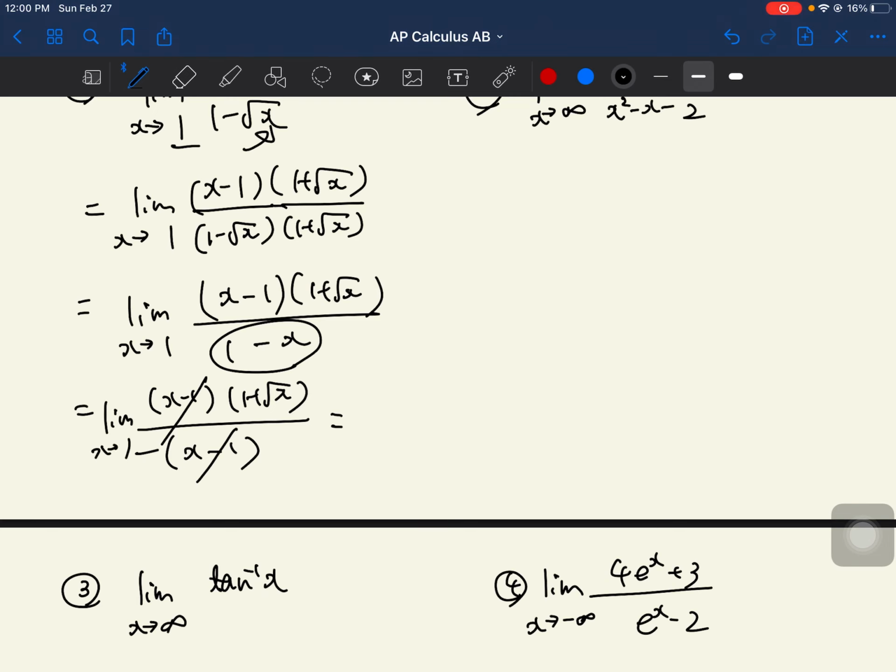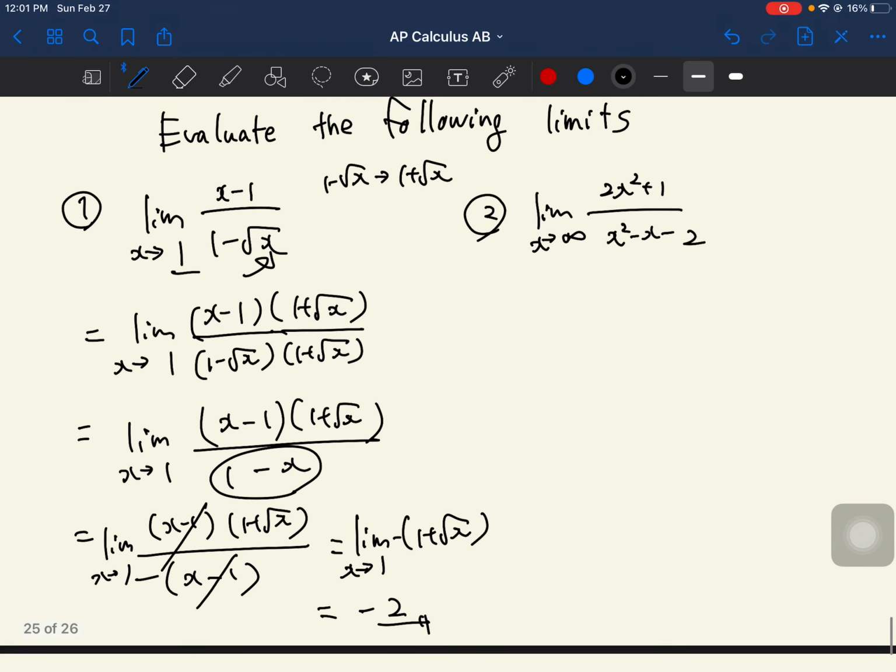Then I have the limit of negative (1 plus square root of x). Then it's going to be really simple. It's just negative 2. That's it. So like I said, if you find a root here, with some number plus or minus a root, you usually multiply by the conjugate of that.